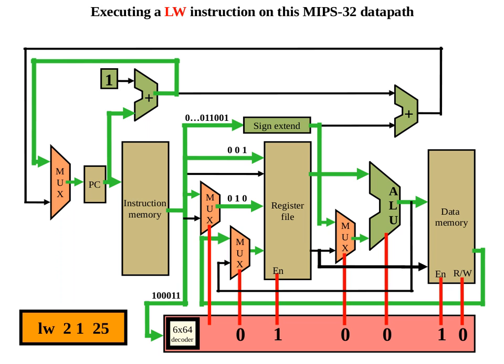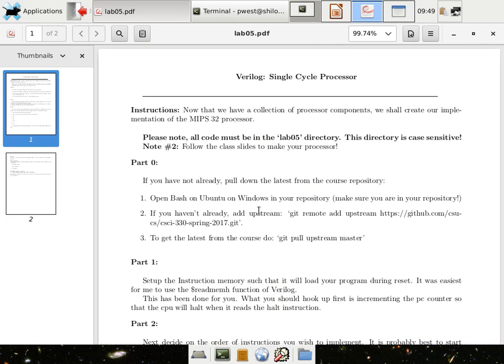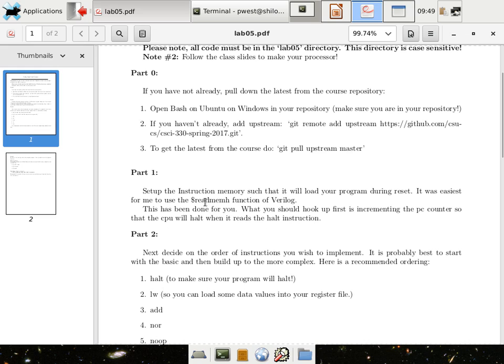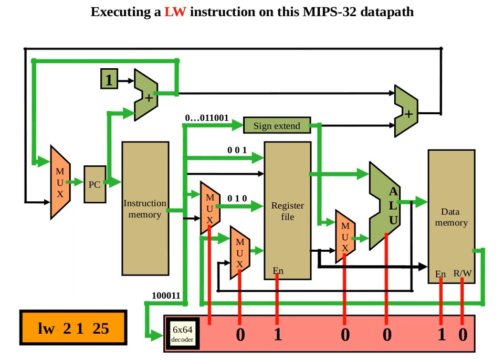All right. So that's what we're going to do. Setup in part 1, I highly recommend you set up your instruction memory such that it will load your program during reset. What is reset? We never talked about it. Every processor has a very special layer on top, the reset layer.